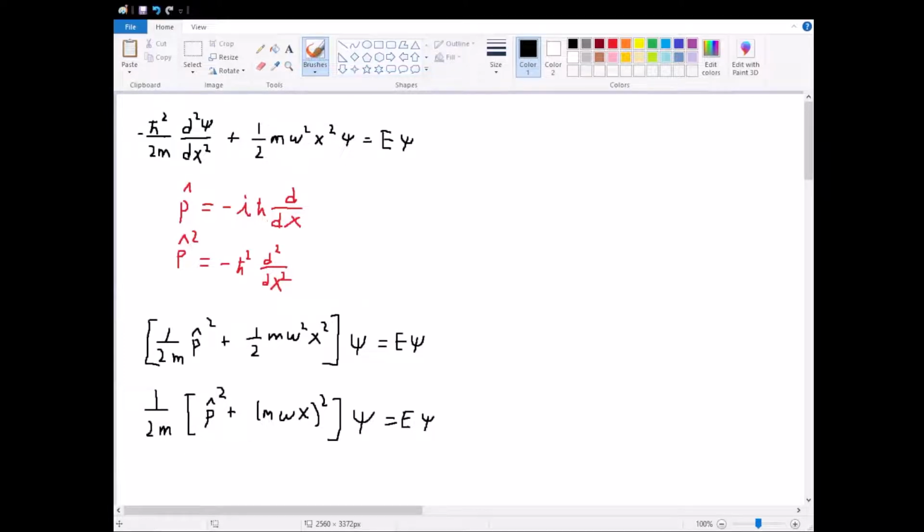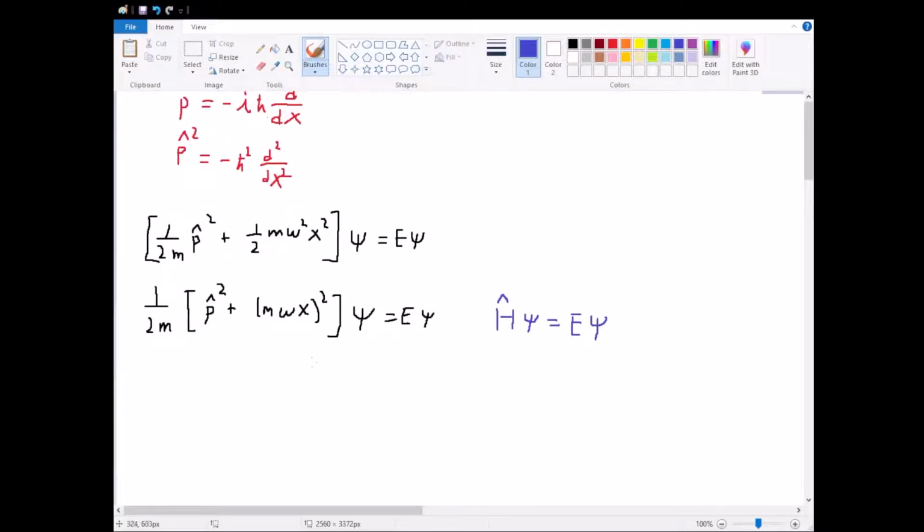And the reason why we're doing this is because we want to relate this to the energy function that we derived earlier based on the Hamiltonian operator, which is that H hat psi is in fact equal to the energy E times psi. This is something that we derived back in 2.1.